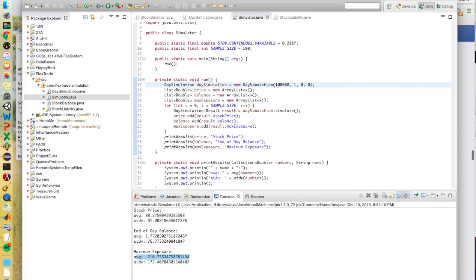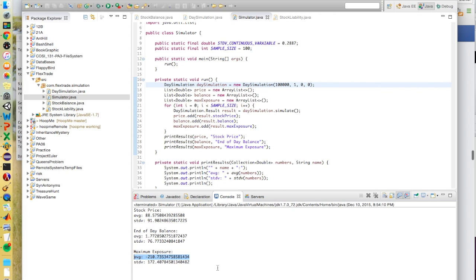Up to a million trades, our maximum exposure never goes more than around double the price of the stock, with a standard deviation of around double the price of the stock, which means that we're never going to go outside of 4 standard deviations. But when we extrapolate that across the breadth of the entire market, that means that we basically have to own twice the total number of shares in the market.